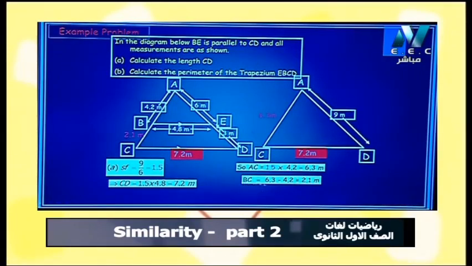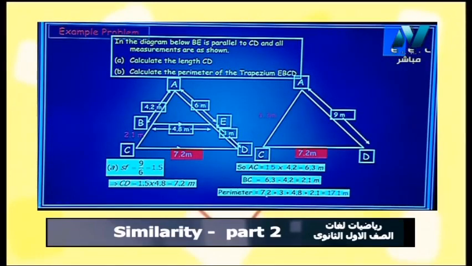Where is BC? BC equals 6.3, which is the total side AC, minus 4.2, which is AB. So the answer for BC equals 2.1 meters. To find the perimeter of the trapezium EBCD, we sum the lengths of the sides.